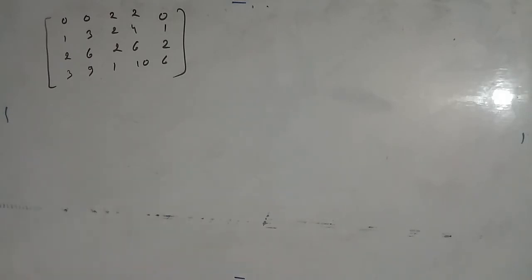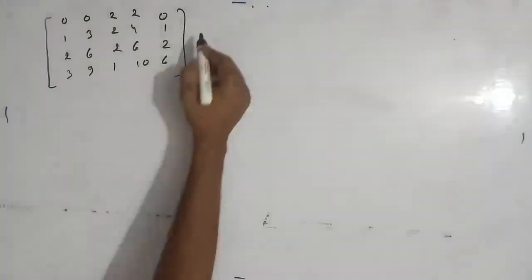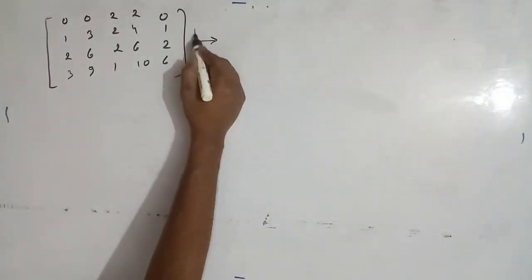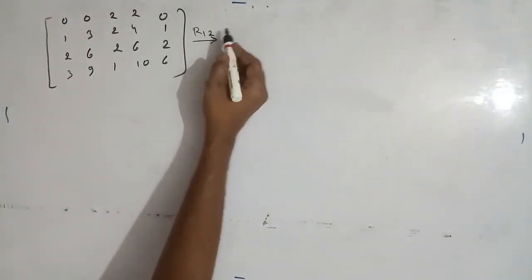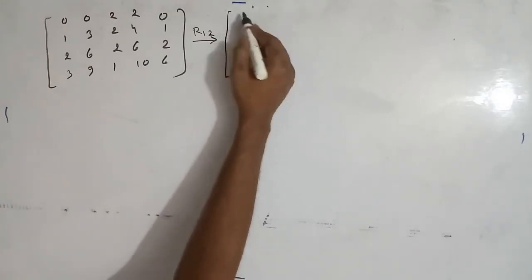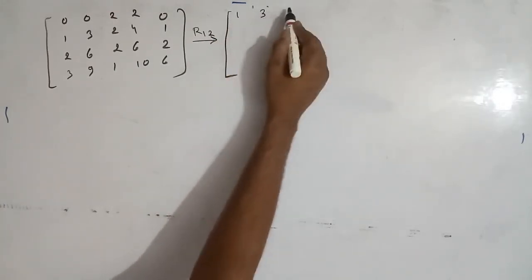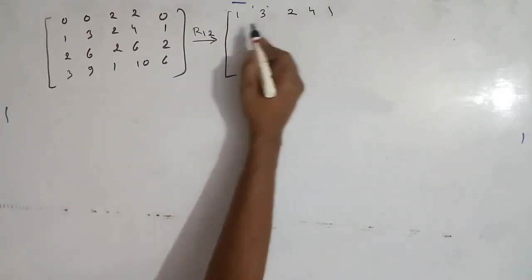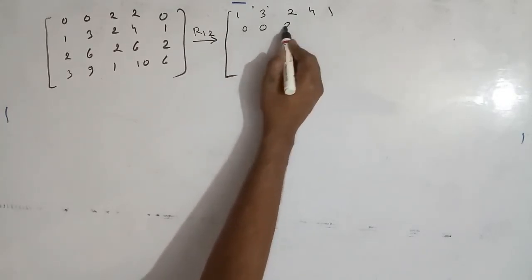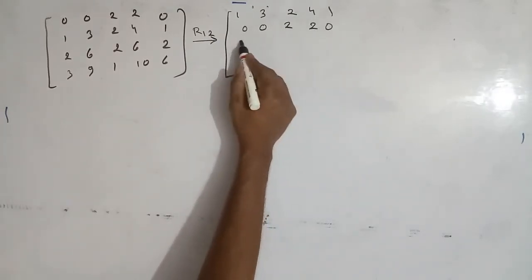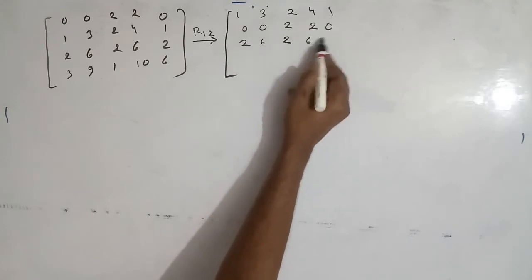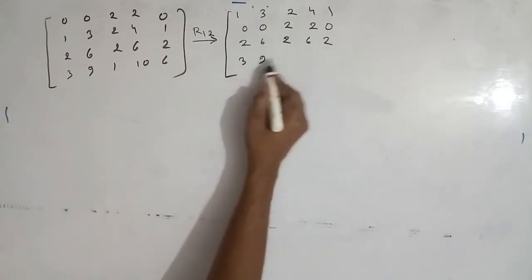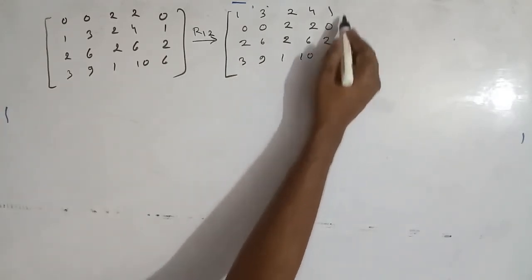Okay, so first we are interchanging row 1 and row 2, so this will be 1 3 2 4 1, 0 0 2 2 0, 2 6 2 6 2, 3 9 1 10 6.